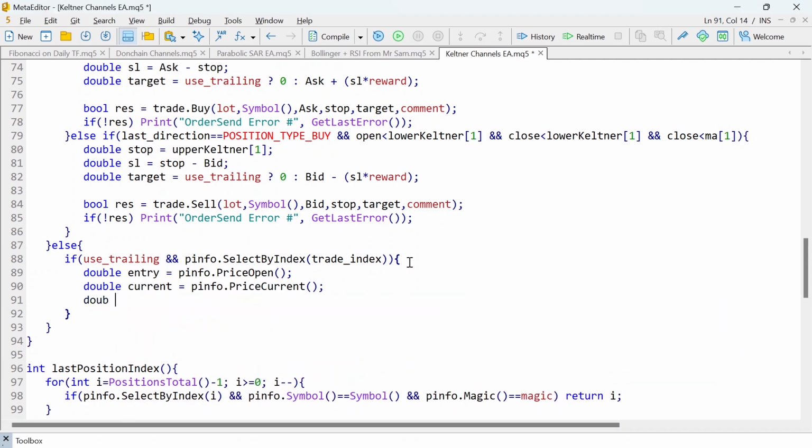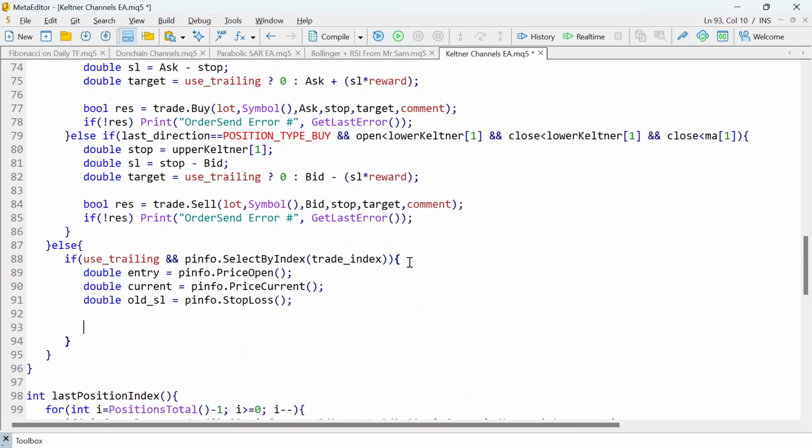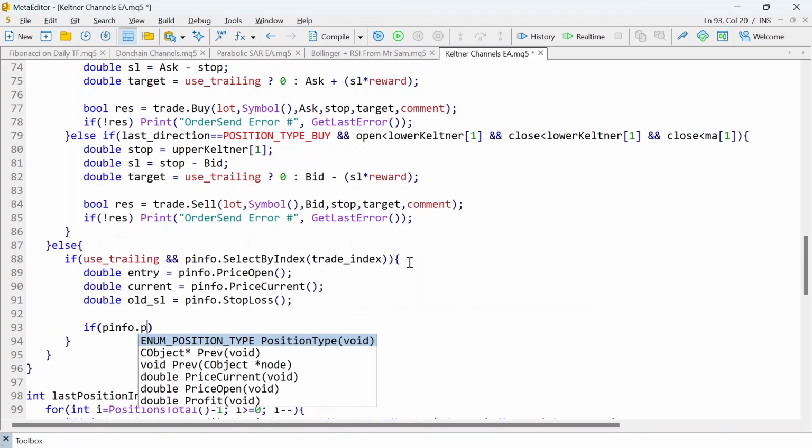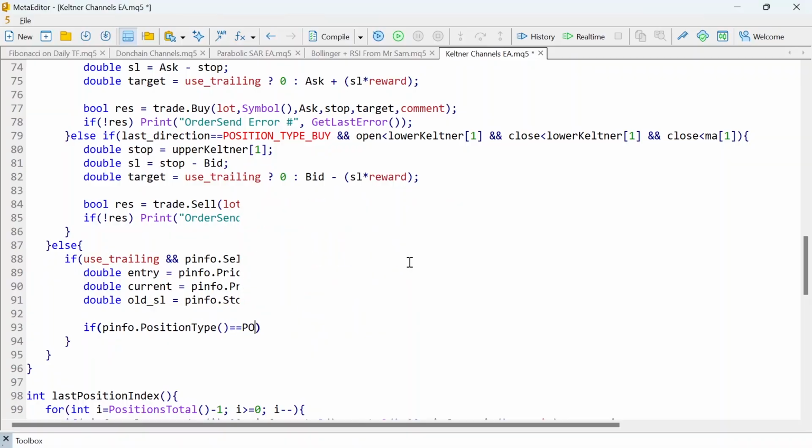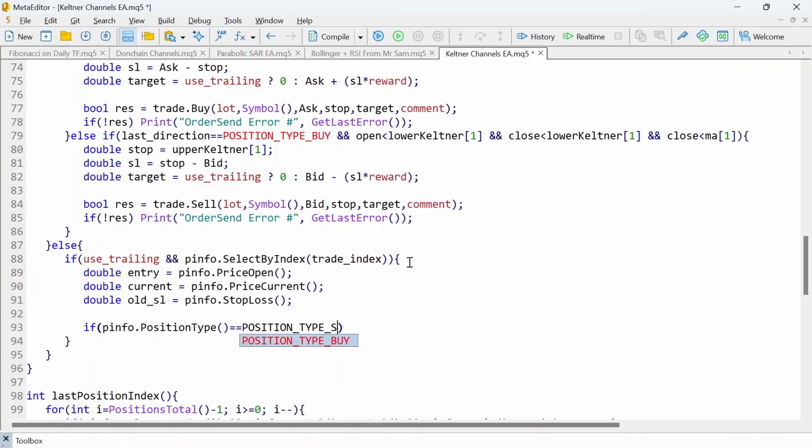Then what else? I want to get the old stop loss or the current stop loss, so I can say P price stop loss. So if P info position type is of buy, right?